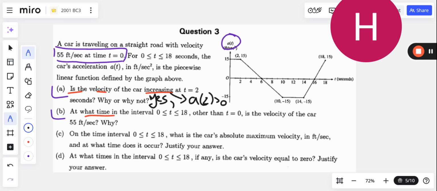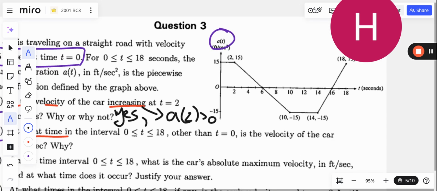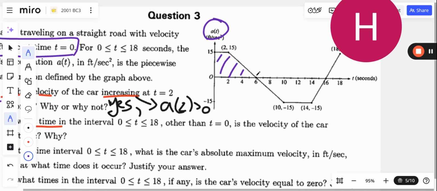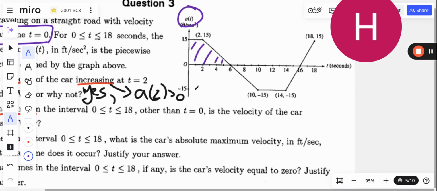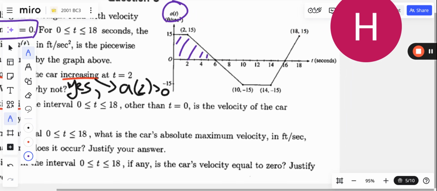Well, what you have to understand is that the velocity is increasing according to the integral of this graph. So that is adding velocity. So by the time we get to 6 seconds, we have added velocity. But that means that as we pass 6 seconds, now we're decreasing the velocity, and we just need to decrease it back to where it started.